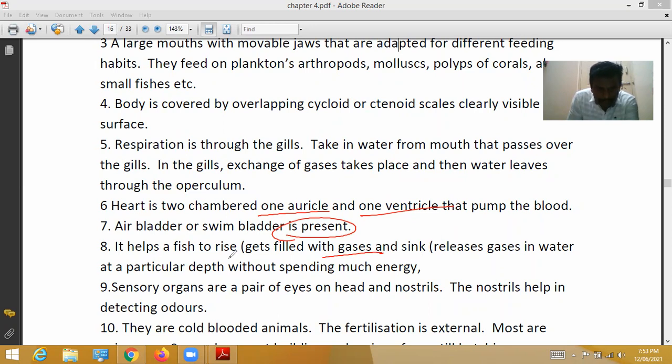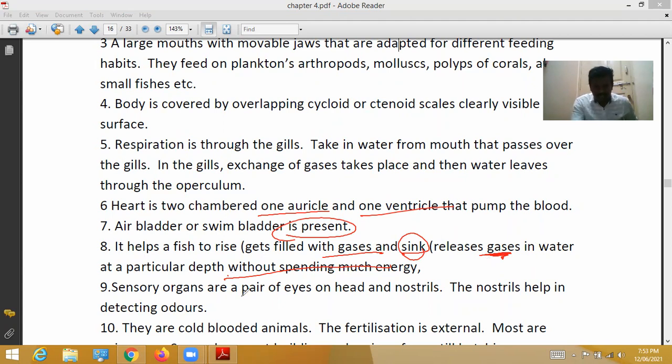If the air bladder is not filled, the fish will sink. The air bladder releases gas into the water at a particular depth without spending much energy.